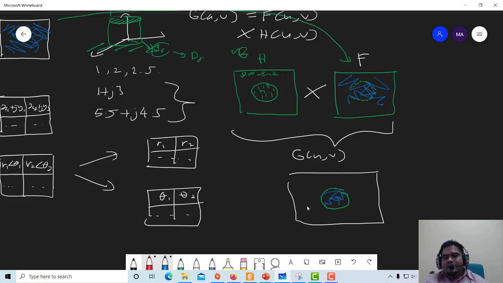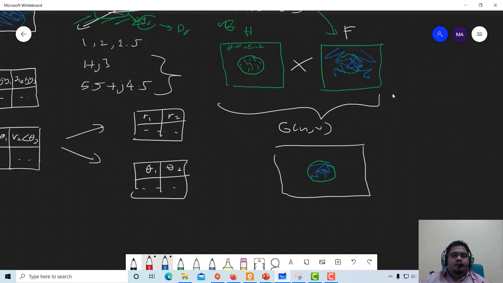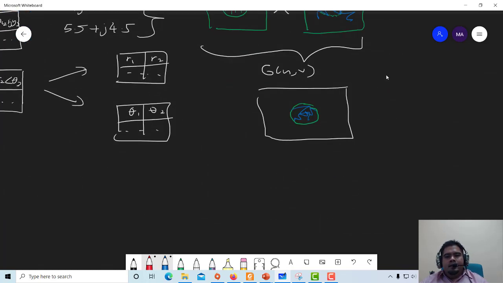What is the information inside the circle? Of course, it comes from your F. After that, if you want to know what happened, you need to invert back into your g(x,y) by applying the inverse Fourier transform. Then you can have a meaningful image and see what happened after you apply the filter.